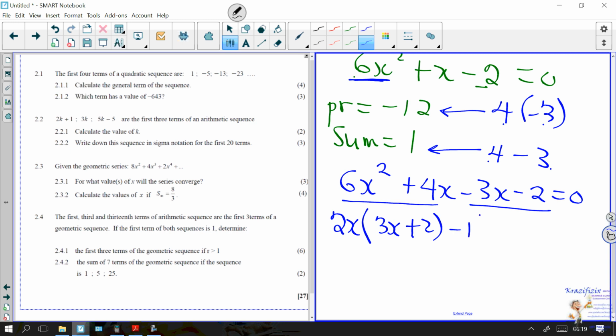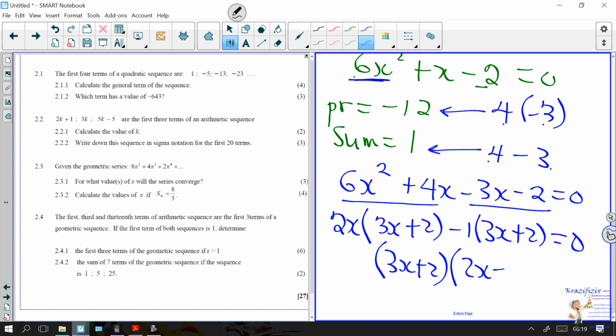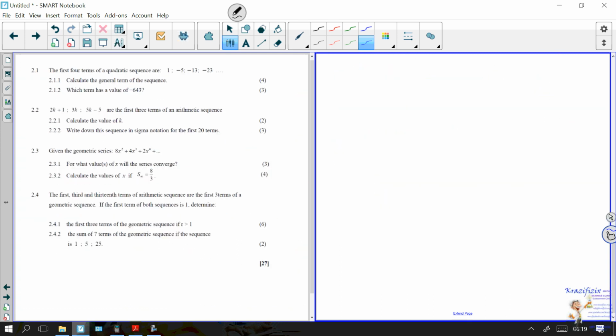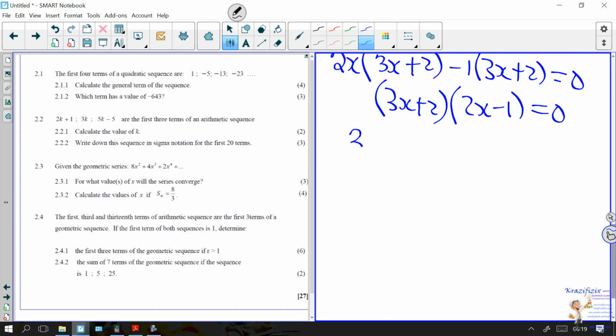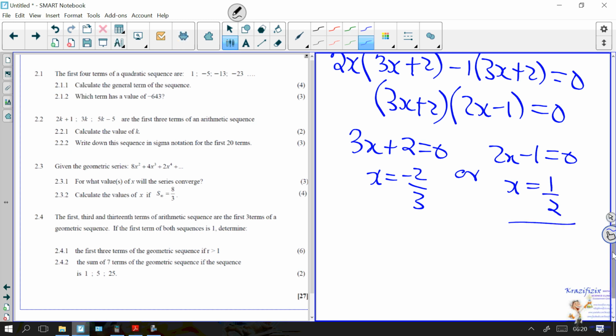There's a -1 that is common. 3x plus 2 equals 0. What's common? 3x plus 2 is common, right? Factorize. And then you have 2x minus 1 equals 0. So 3x plus 2 equals 0, x equals -2 over 3. Or 2x minus 1 equals 0, x equals half.